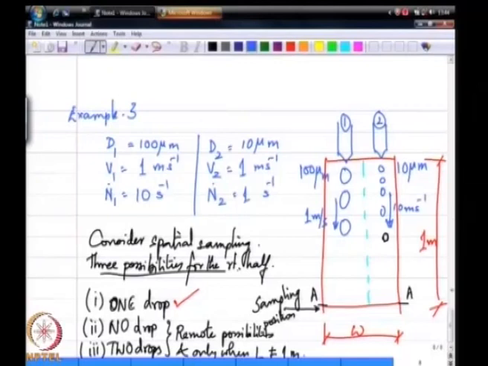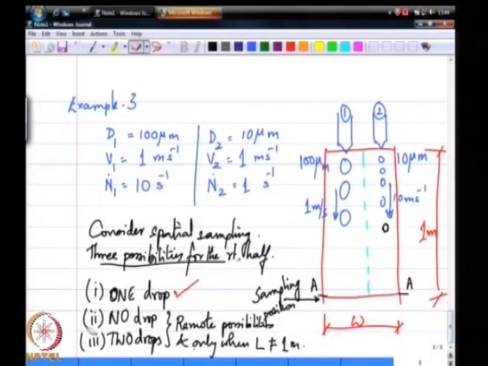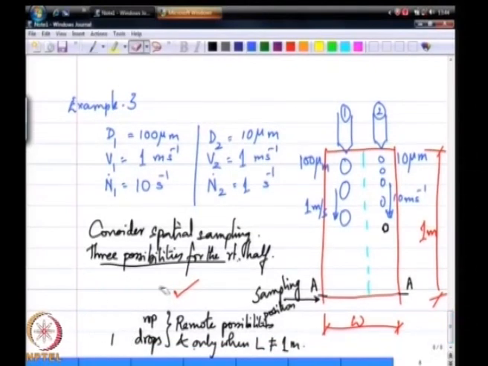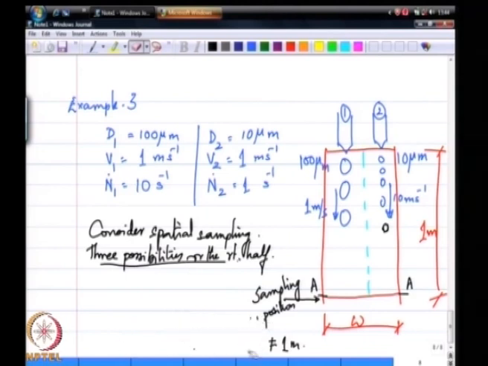When you do that, now I am going to erase this part here because it corresponds to the previous example. But what could I possibly look for when I do spatial sampling in this? The fact is that all the drops are moving at 1 meter per second.